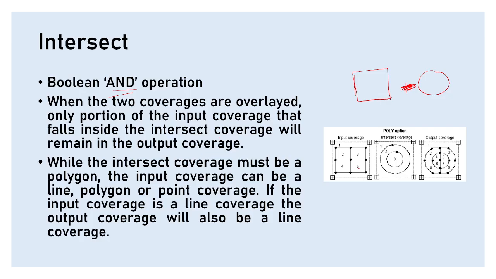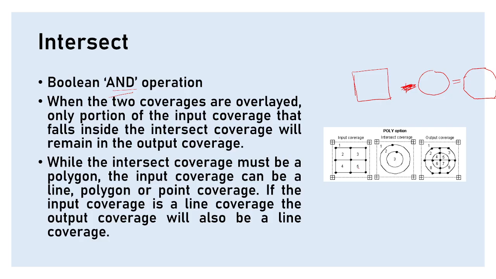When you do the Boolean AND operation, the portion is not so rounded, because wherever the square is coming, that portion has been included here, and the entire circle has not been included.